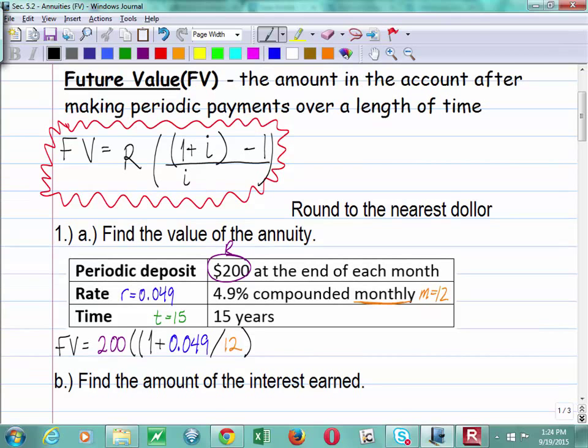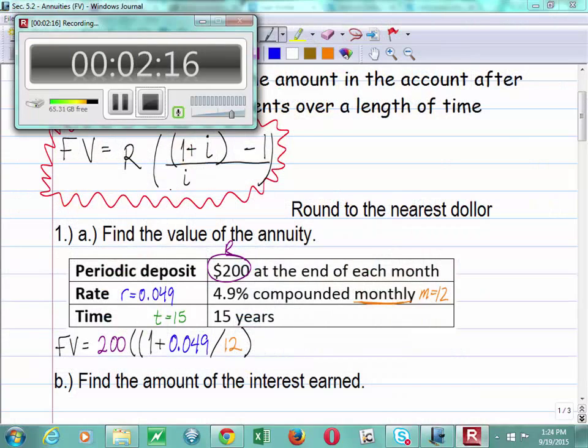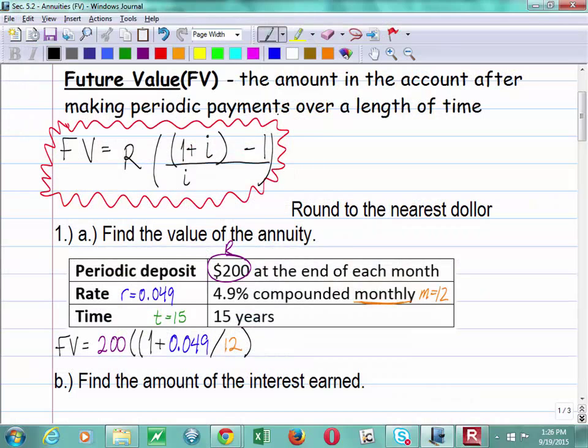I think we're missing something on it. Alright, sorry, I think I accidentally erased this N that was supposed to be there.